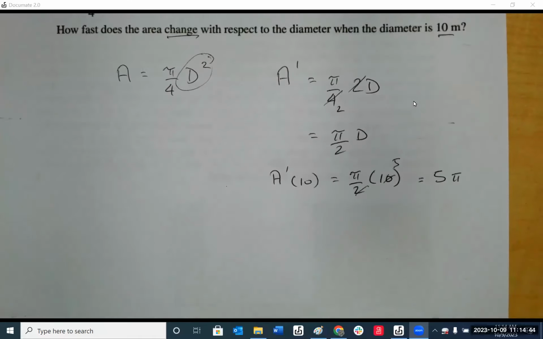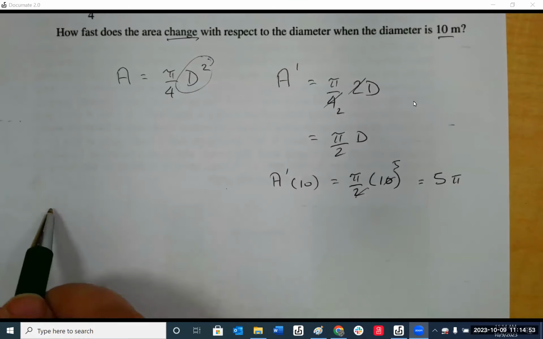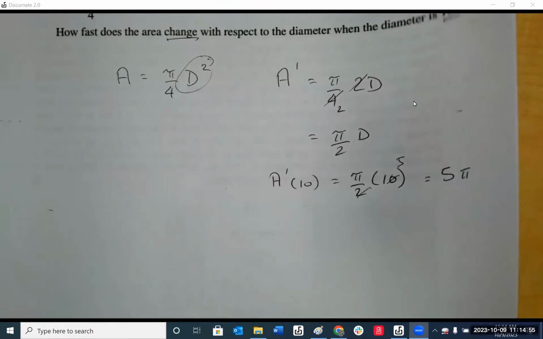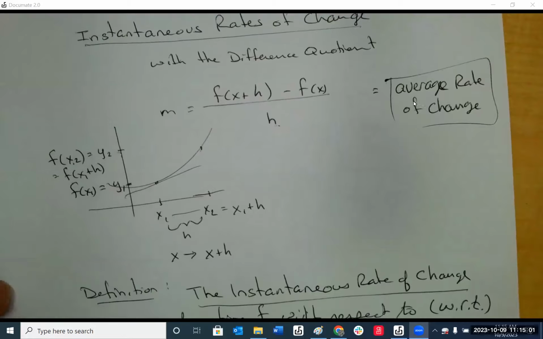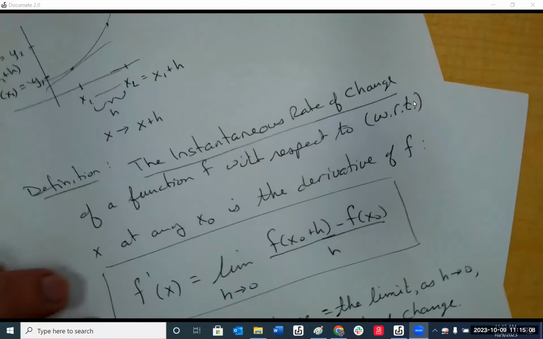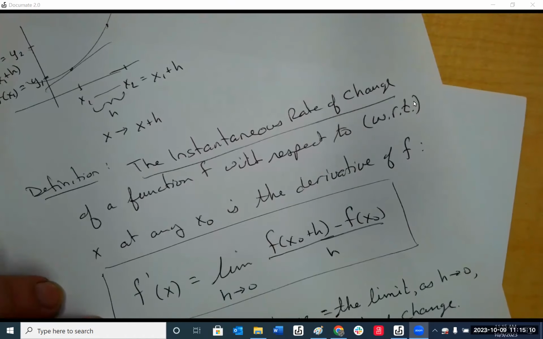The area of the circle changes by 5 pi, whatever units we're looking at. That's the change. Example 1.